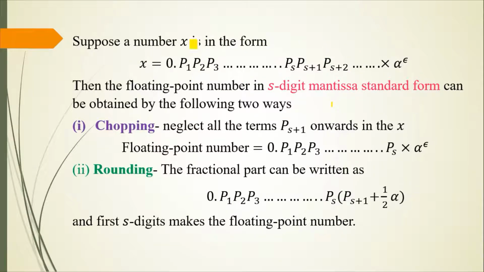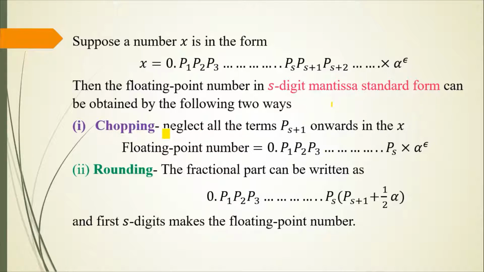Here the mantissa of x consists of more than S digits, here Ps+1, Ps+2, Ps+n. So we can convert this into S-digit mantissa standard form in the following two ways.